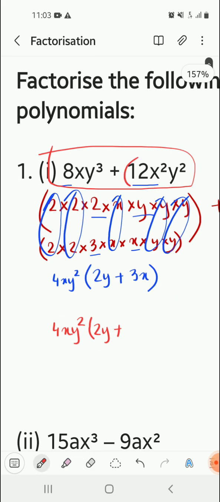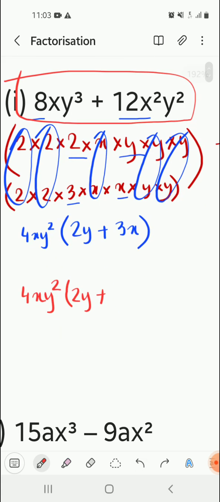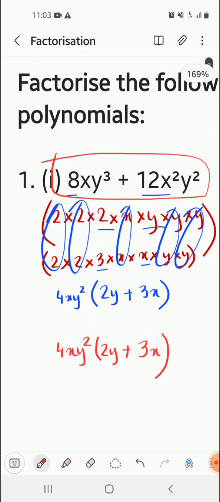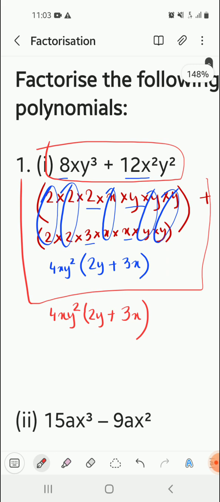So we are left with 3 because 4 into 3 is 12. Here we have got an x, here we have got x squared, so we are left with 1x, and y square is already there, common in both. So we are going to write 3x. Therefore, in one step also we can perform in this manner. This was there solely because I wanted to show you how this is done.